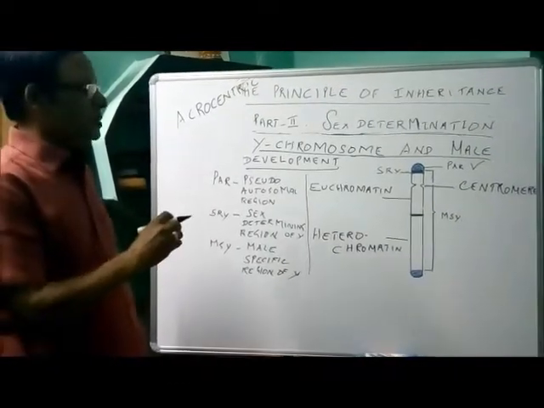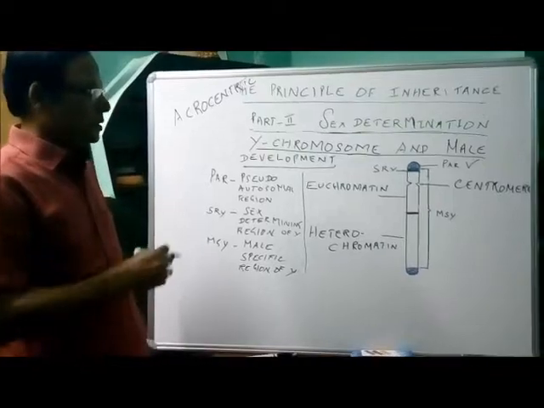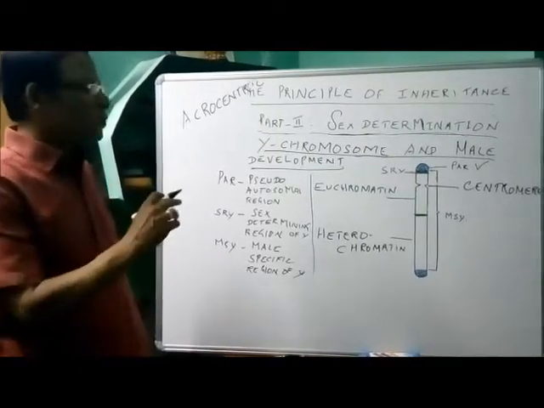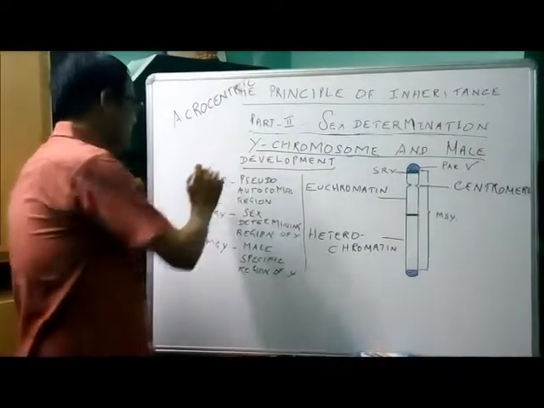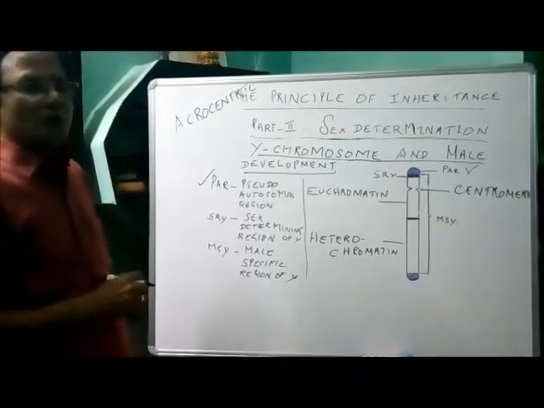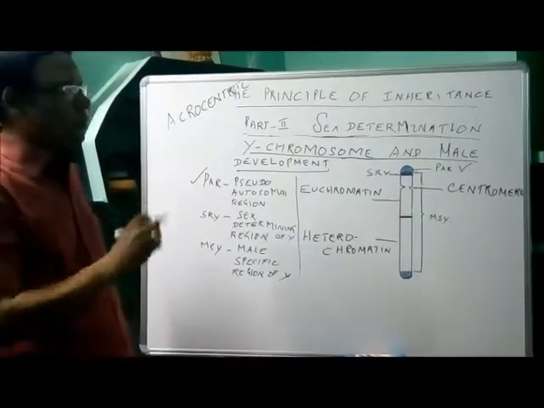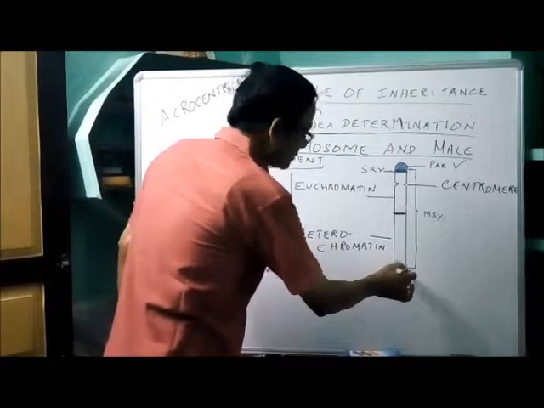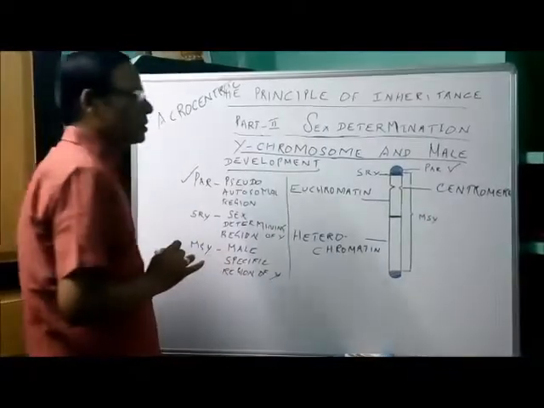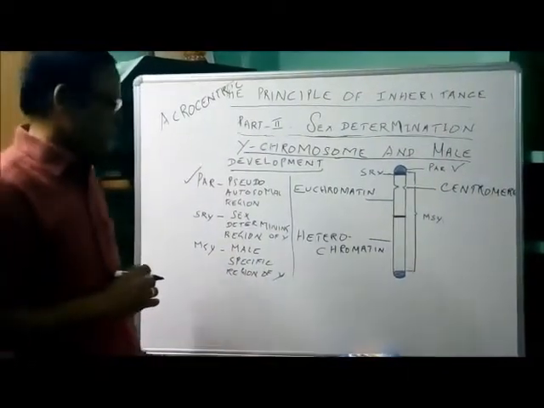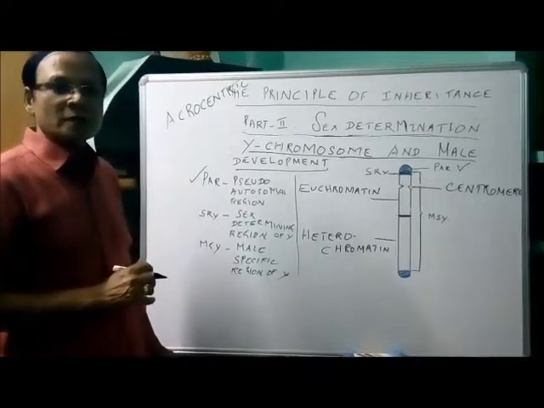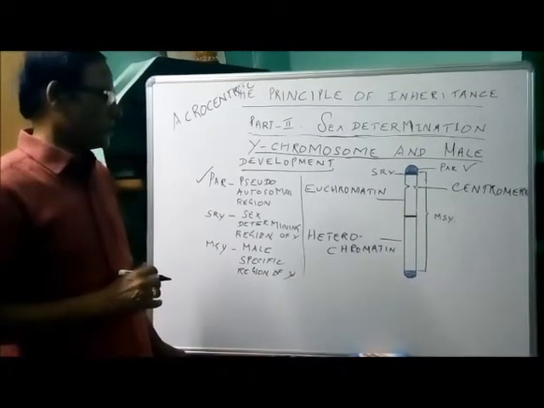But in a detailed study, the Y chromosome has pseudo-autosomal regions called PAR present at the tips of the Y chromosome. You see the shaded region, that is the PAR. They are nothing but the homologous counterpart on the X chromosome.